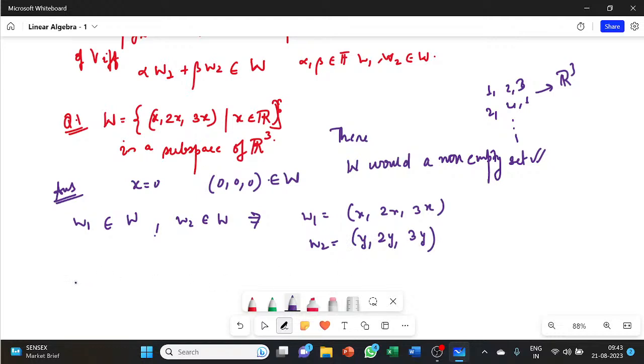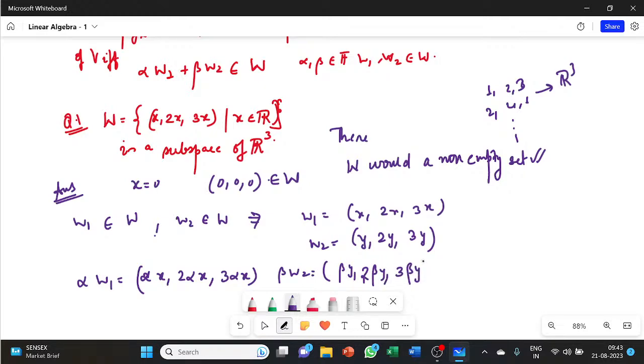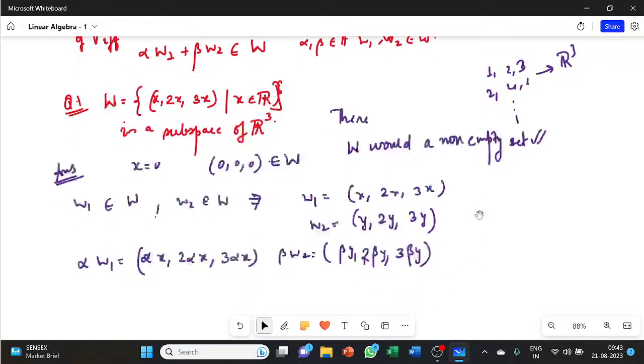Now if I do alpha times W1, I will get (alpha x, 2 alpha x, 3 alpha x), and beta times W2 gives (beta y, 2 beta y, 3 beta y).